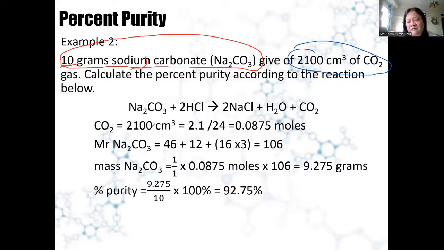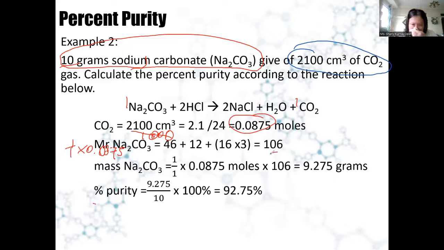We need to divide by 1000 first, and because this is a gas, the moles are divided by 24. The coefficient of this one is 1 and the coefficient of this one is 1, so 1/1 times 0.087875. That is the moles of sodium carbonate.